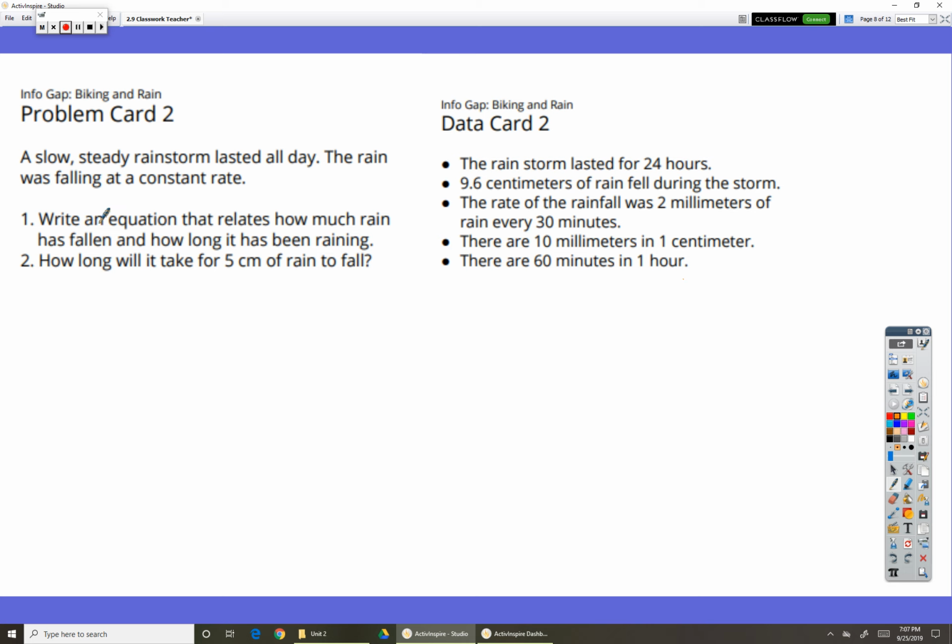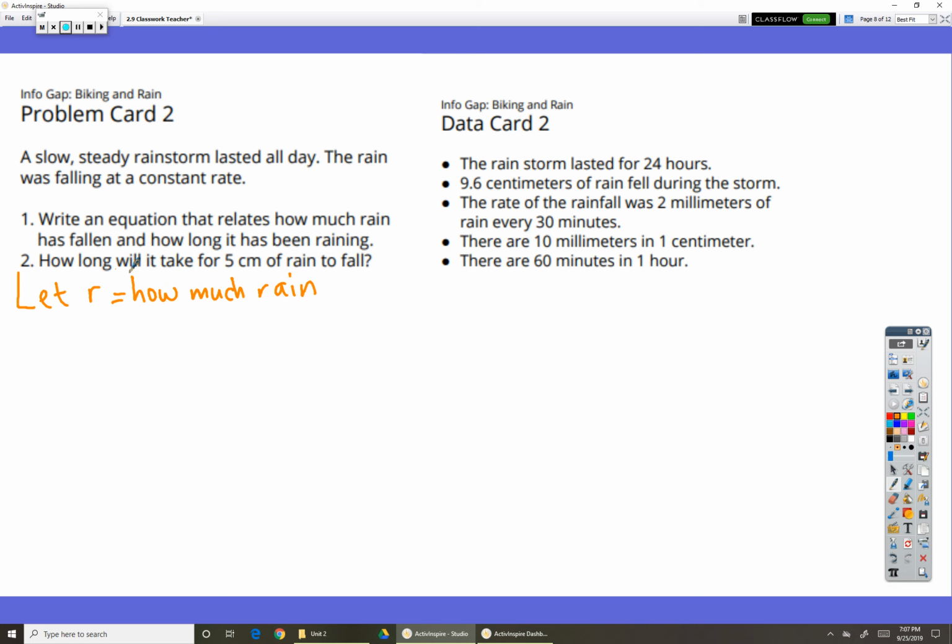So we're going to write an equation that relates two things: how much rain has fallen and how long it has been raining. So I think I'm going to use R. I'm going to say that R will be how much rain, and let's see, what do I want to use? I need to pick a unit. How am I going to measure the rain?